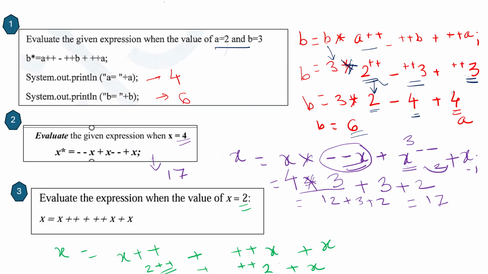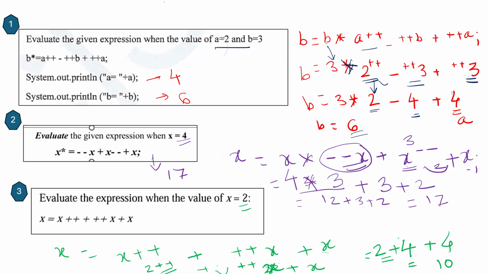First time it will not increment anything, it will be 2++, so it will be 2, but as soon as it leaves from here, it will become 3, and then ++3 immediately, it will become 4, and later on it will have 4. So my output will be 4 plus 4, 8 plus 10.